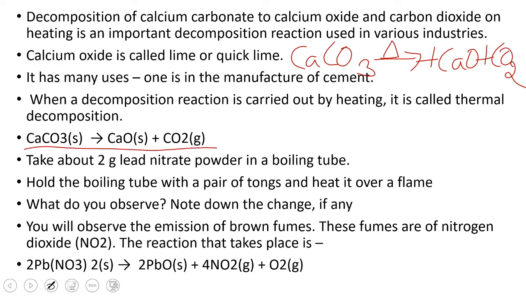Calcium oxide is also called quicklime, and calcium hydroxide is slaked lime. If you heat calcium carbonate, it converts into calcium oxide and carbon dioxide. A single reactant decomposes into two products, which is an example of decomposition reaction.